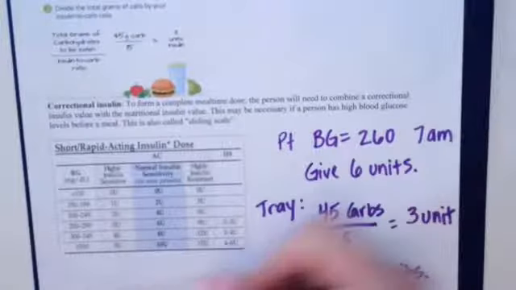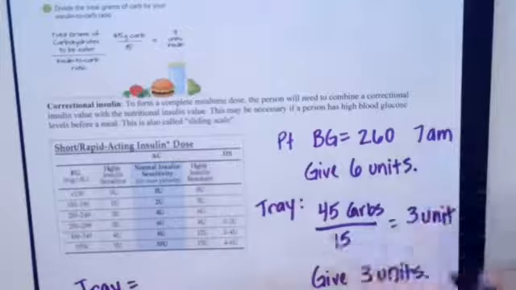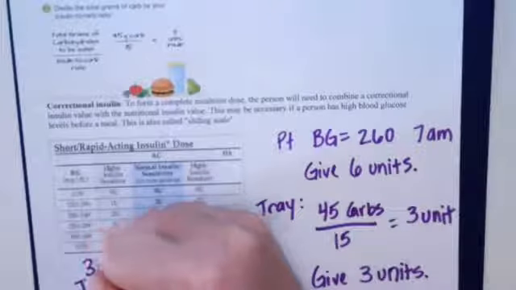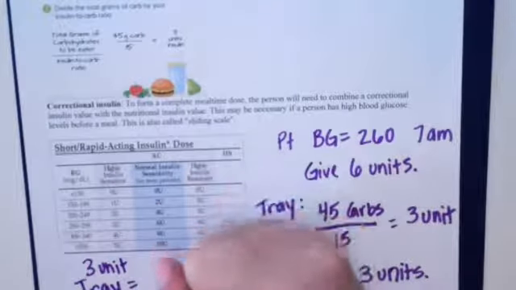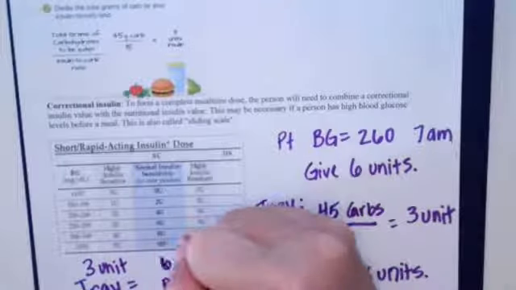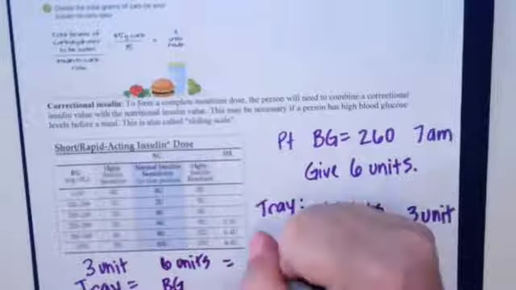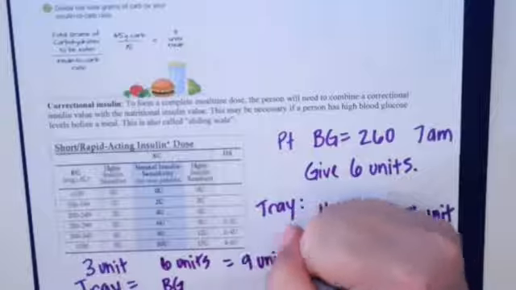The tray is worth 3 units. His morning blood sugar is worth 6 units. So now that his tray is there and he's about to eat, I'm going to give him the 9 units.